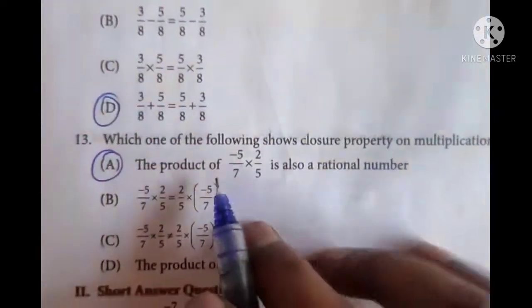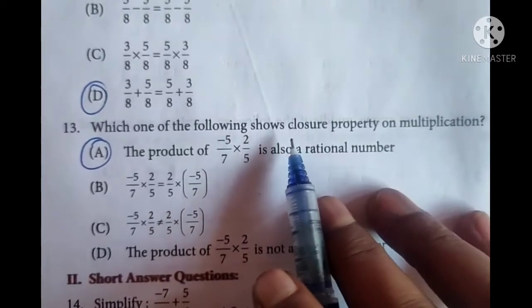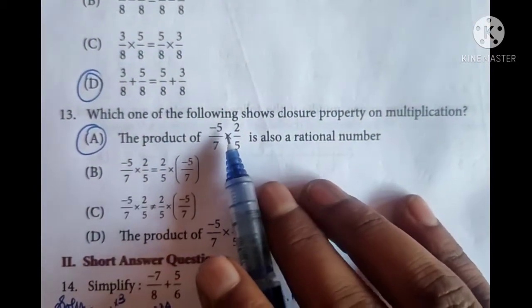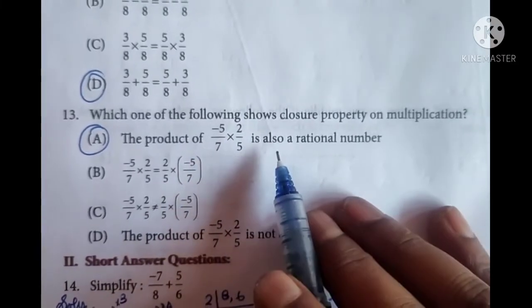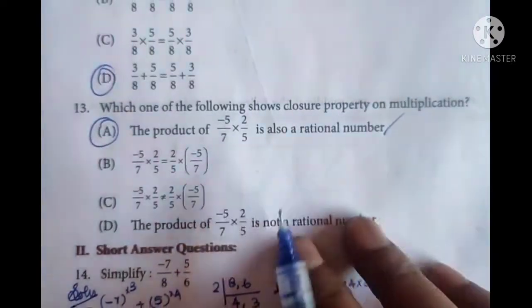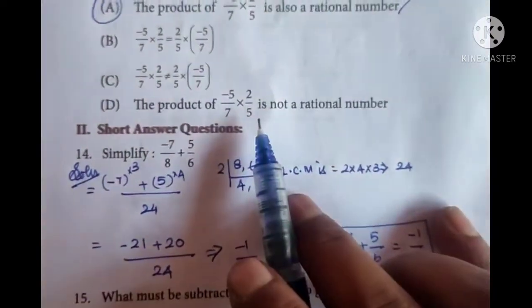This is the commutative property, so D is the correct answer. Which one of the following shows closure property on multiplication? The product of minus 5 by 7 into 2 by 5 is also a rational number. This is the closure property of multiplication.